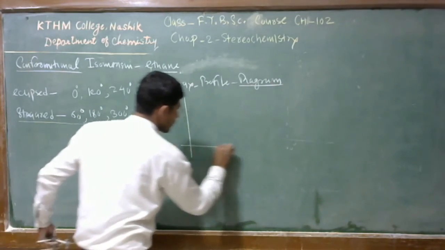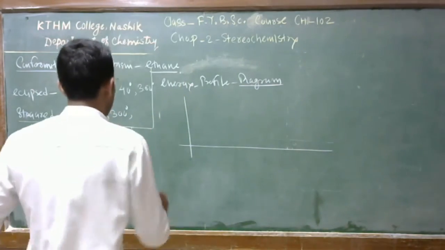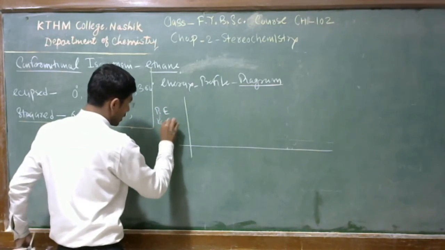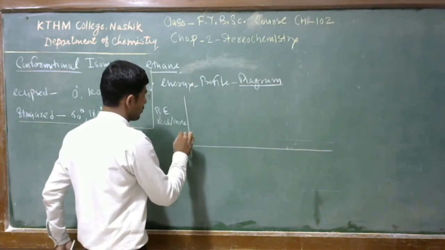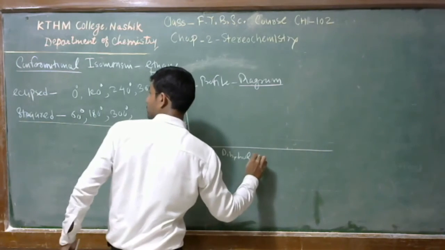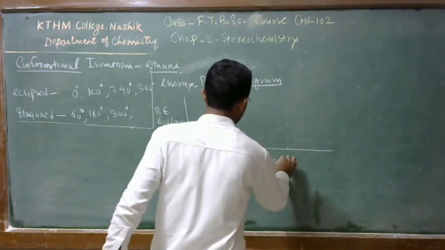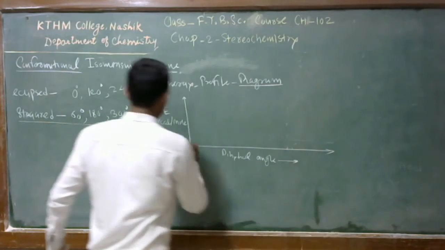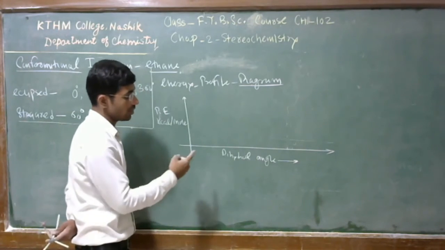In this diagram we plot the graph of potential energy of the molecule in kilocalorie per mole versus dihedral angle.